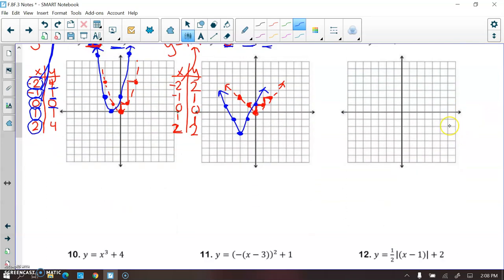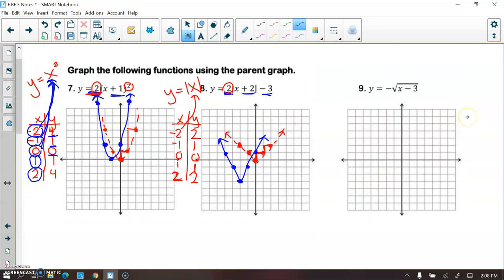Okay, so the next one here is a square root. For a square root graph, your x and y table, you can do -2, -1, 0, 1, and 2 if you want. But I'm going to show you with this how it doesn't work out for us.